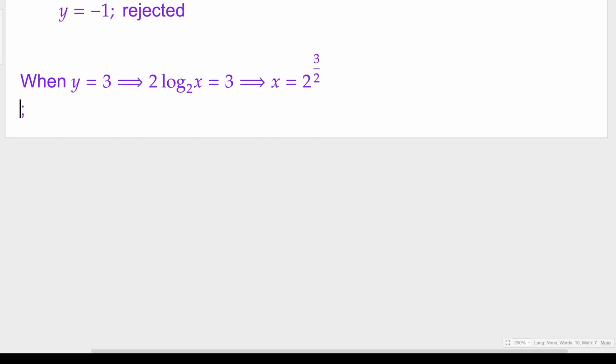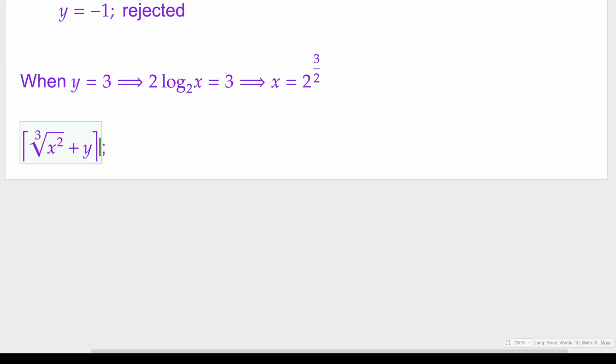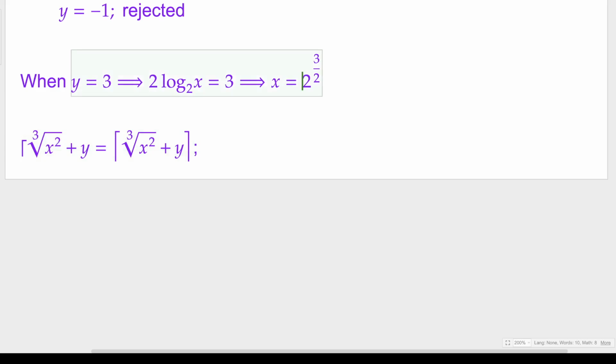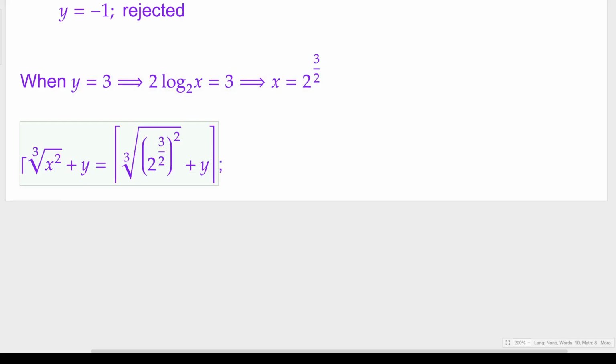Now coming to the expression, I'll take this expression and resolve it. This is the given expression. Instead of x I'll plug in this value, and the value of y is definitely 3, because the value of y I have taken is 3 here. So I'll replace y by 3.